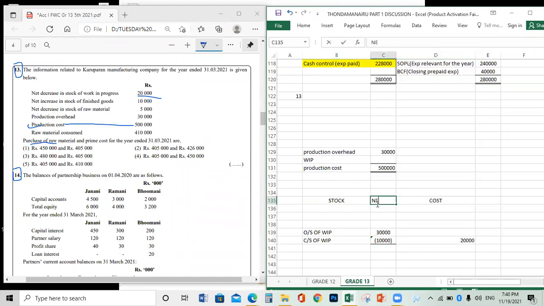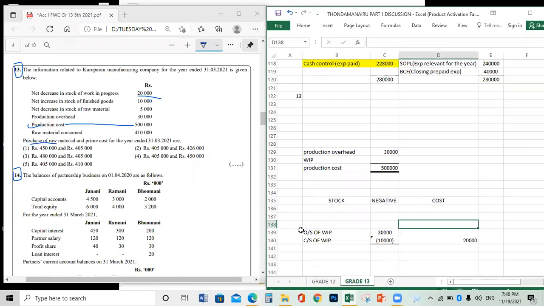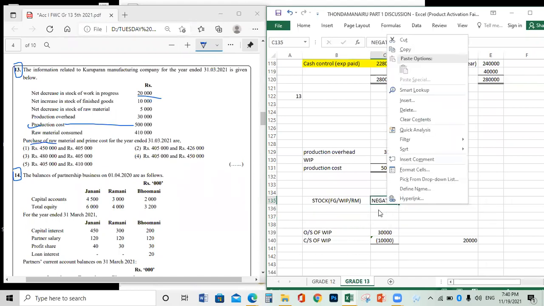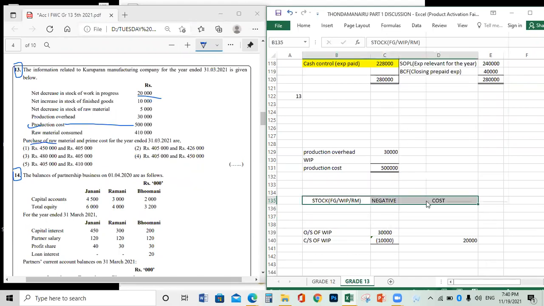Guys, if you remember this, it's really easy. Any stock, it can be work in progress, raw material, or finished good. Cost and stock are negatively related. If you didn't know this, please write it somewhere.